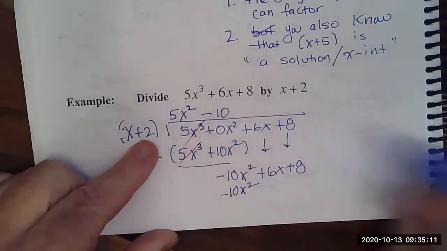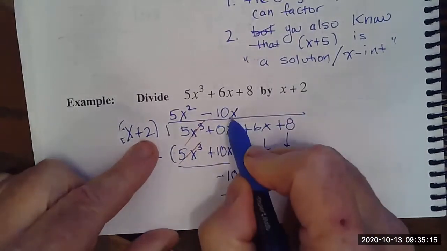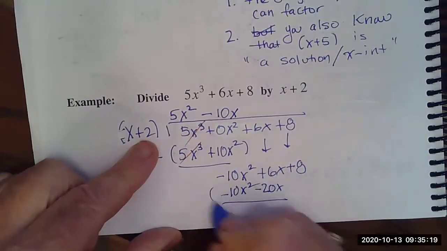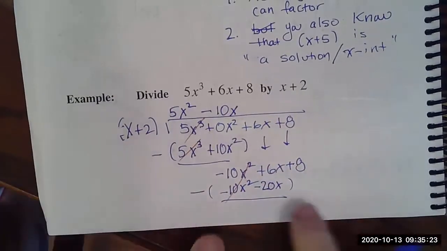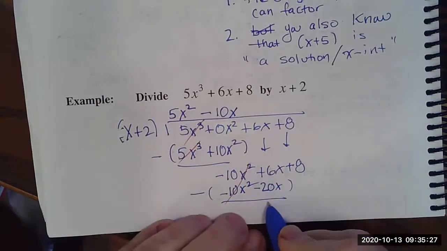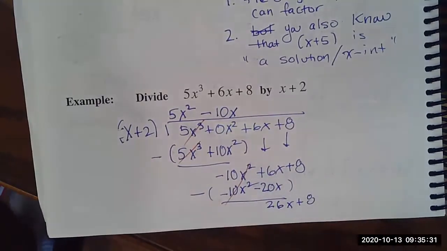That would be 10x. Thank you. There you go. Minus 20. Gone. Okay, now that's plus 26x. 26x plus 8.